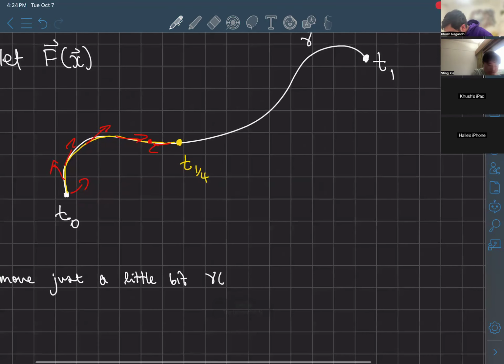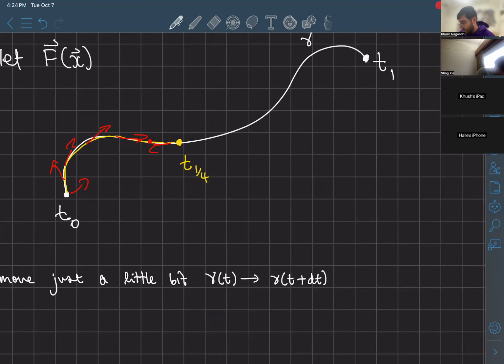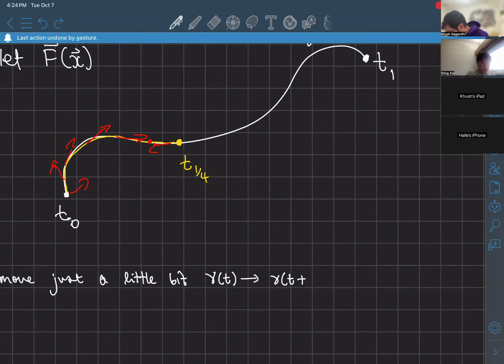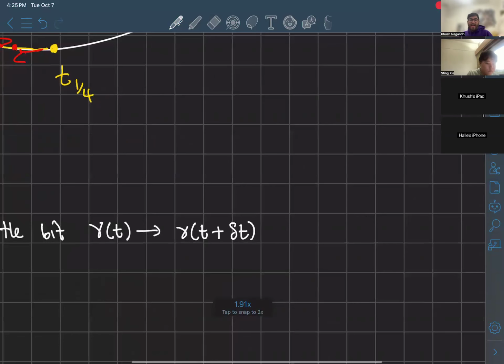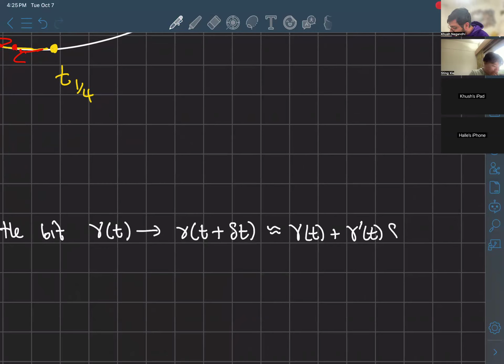Let's say I go from gamma of t to gamma of t plus delta t, because that's what we called it last on the weekend. Now we can use ideas from the derivative to see that this is approximately gamma of t plus gamma prime of t times the variation. This is sort of the definition of the derivative.